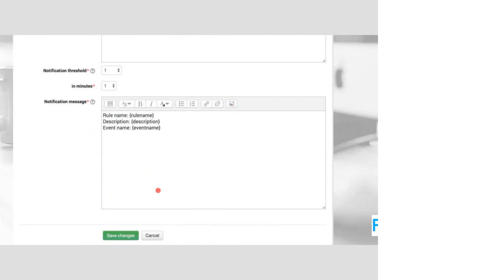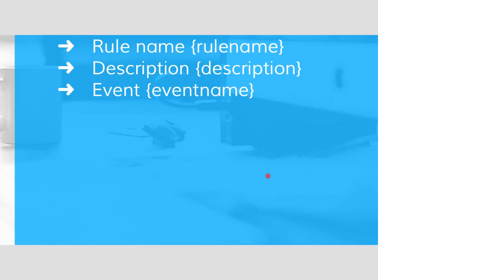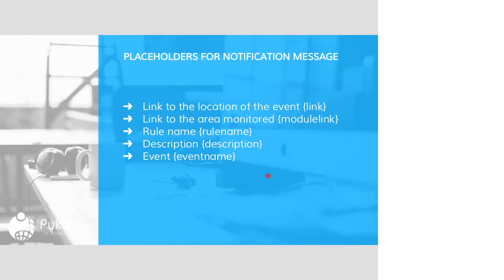So once you've filled in the basic information, if you hit Save changes, that creates the rule for you. I'll zoom out. These are the placeholders that you can edit.